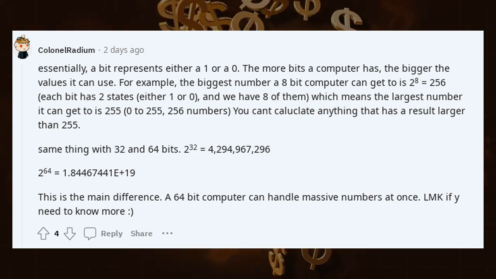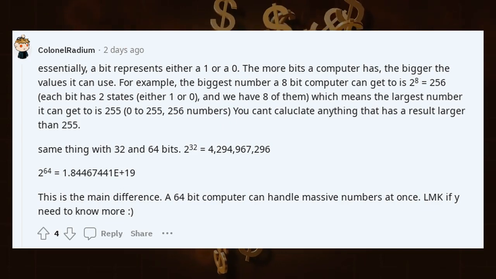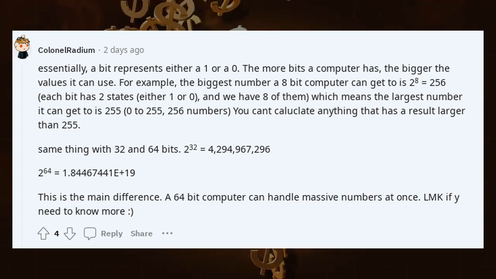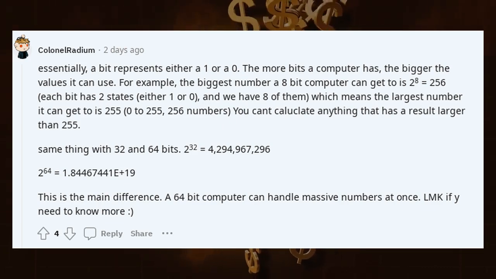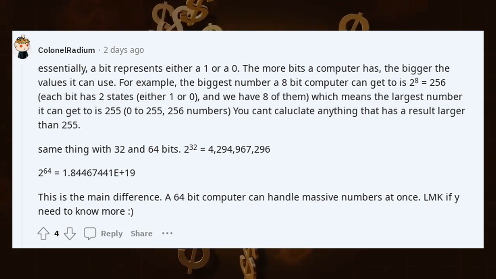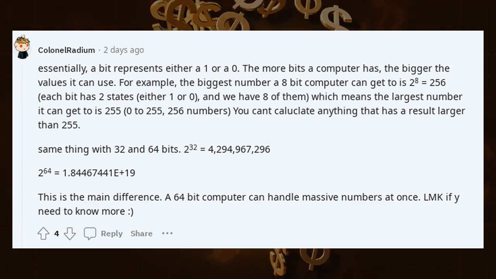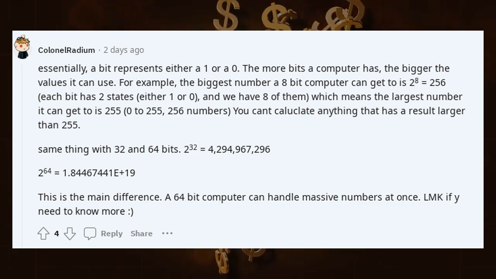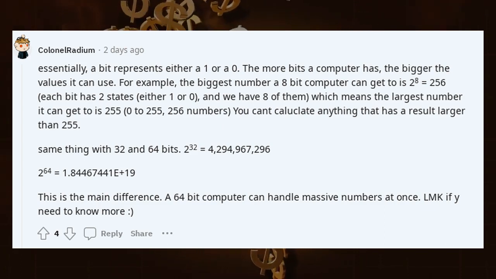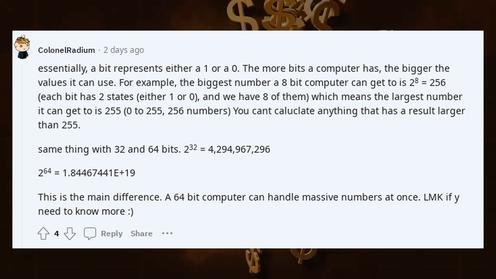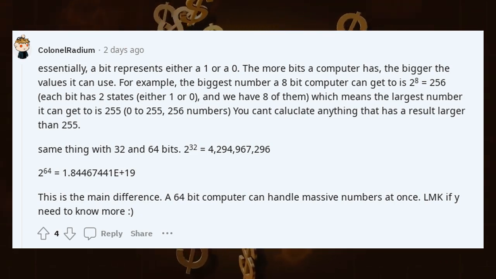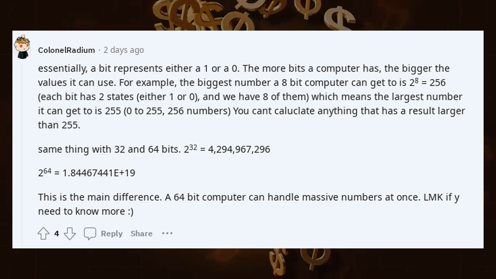You can't calculate anything that has a result larger than 255. Same thing with 32 and 64 bits. 2^32 is 4,294,967,296. 2^64 is 1.844674441E19. This is the main difference. A 64-bit computer can handle massive numbers at once. Let me know if you need to know more.